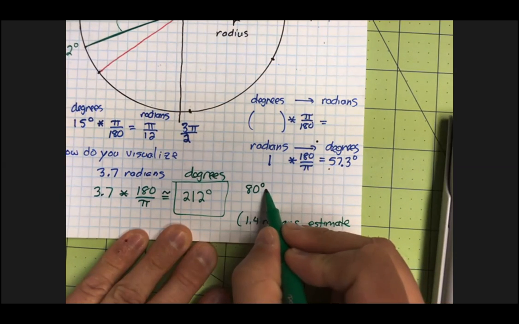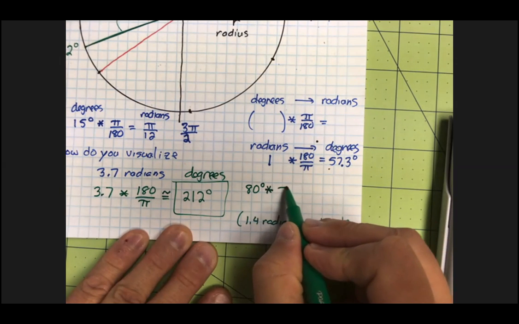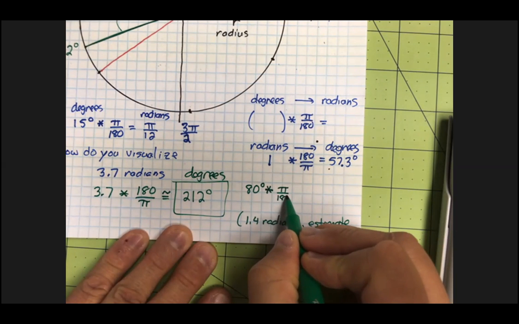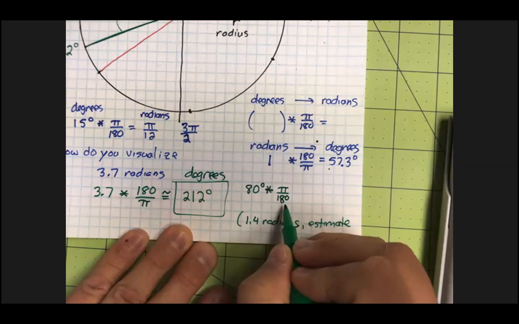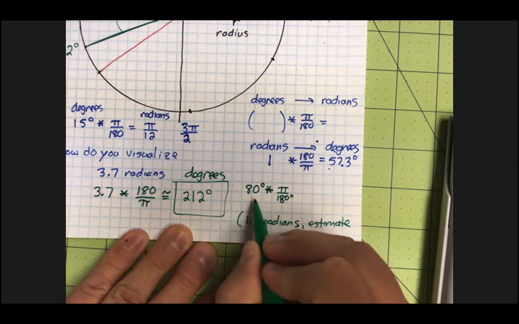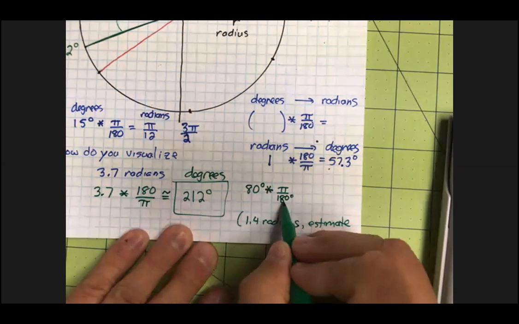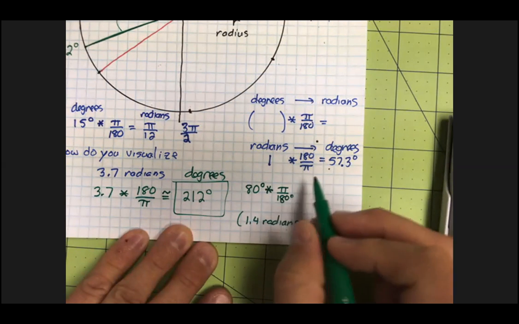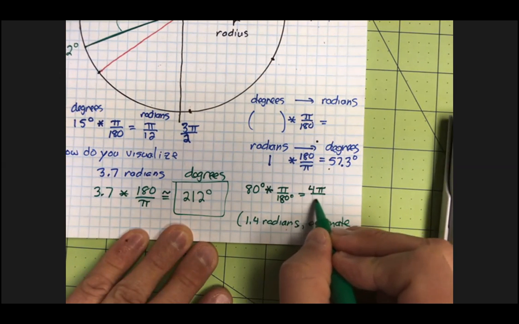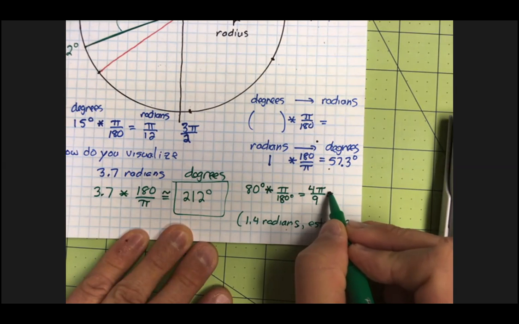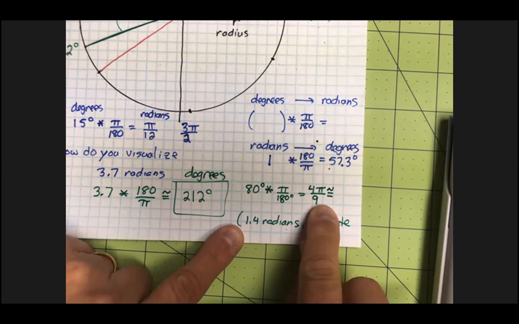But we can know the exact value. Multiply that by pi over 180. I can even simplify. 80 goes into 180 how many times? I can cancel a 2, 40 over 90, cancel a 10, 4 over 9. I can name it with a fraction of pi, 4 pi over 9. But how many radians is 4 pi over 9?